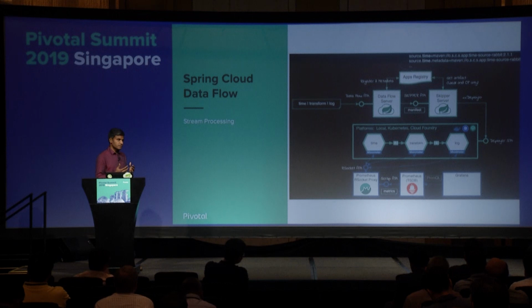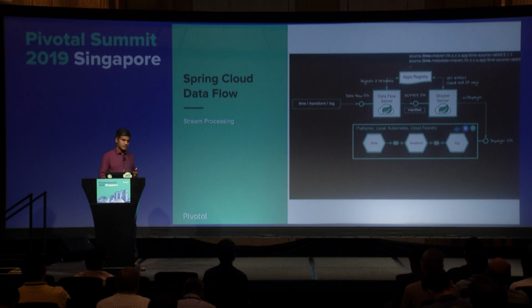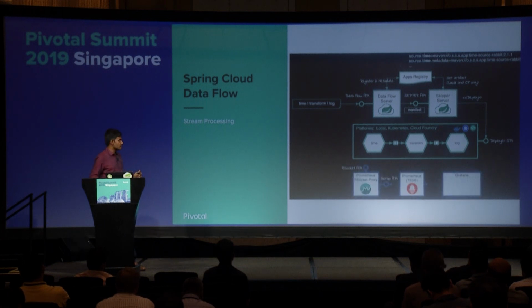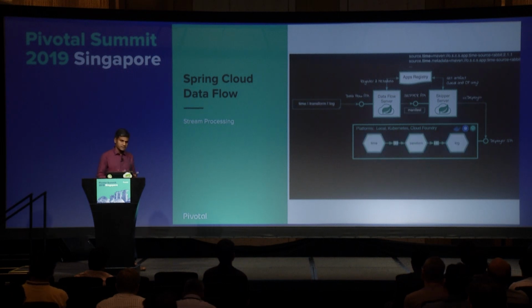So for Dataflow server, it requires an app registry where it checks for the registered applications. When it deploys a stream, it checks whether you have registered these applications. These can be Docker images, or if you're using Maven artifacts, you can use the jar files for registering your applications as well. Both Dataflow server and Skipper server have some kind of state management, because if the server crashes and comes back up, it needs some state to recover from the crash, and it also maintains state for what streams you have deployed and what task-based applications you have deployed.